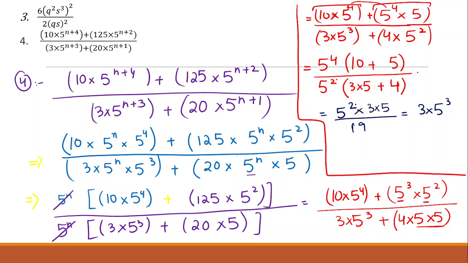So 5 to the power square plus 1 is 5 cubed. 3 multiplied by 5 cubed divided by 19. So you can say this is your final answer, or you can further simplify it in your calculator. It will be 375 divided by 19. Okay, so this is your final answer.